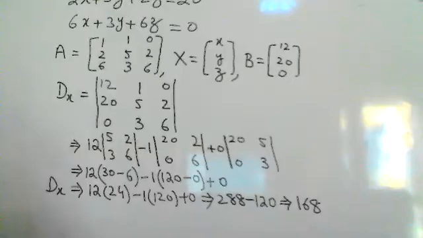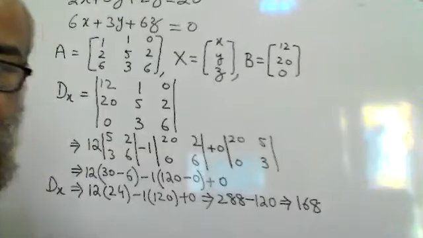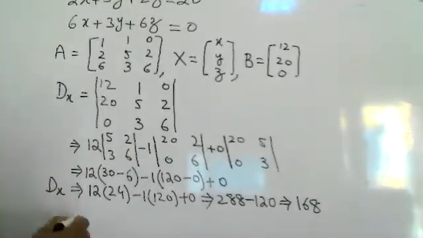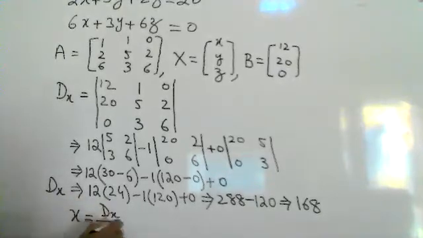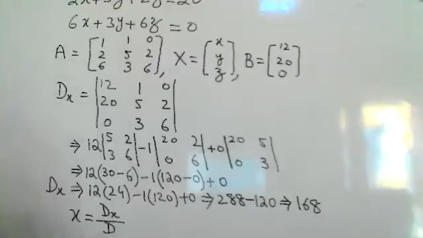So this is dx, 168. Now we have found d, we have found dx, so we will find the value of x. x will be equal to dx upon d, the value of dx upon the value of d.